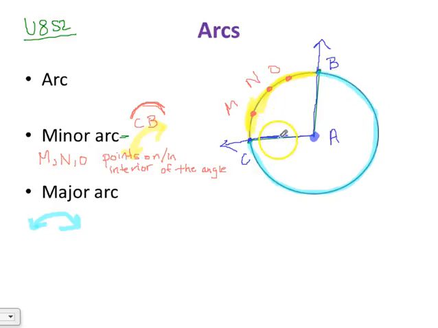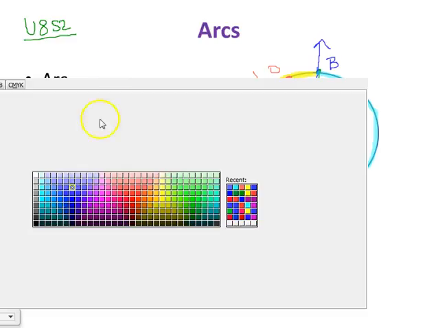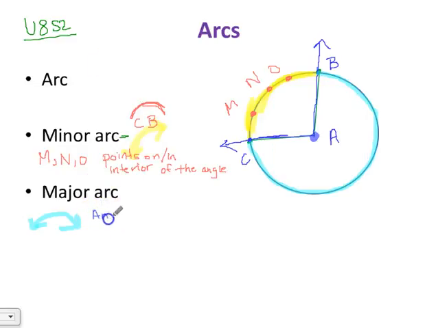A major arc is an arc whose points are on or in the exterior of the angle.